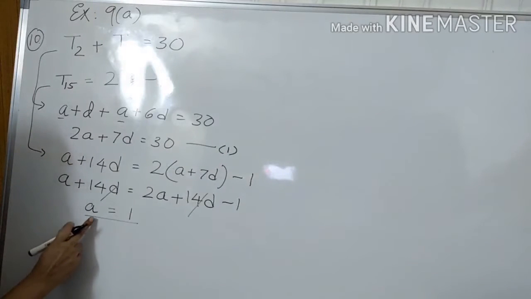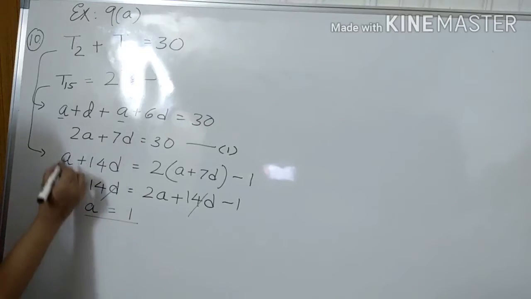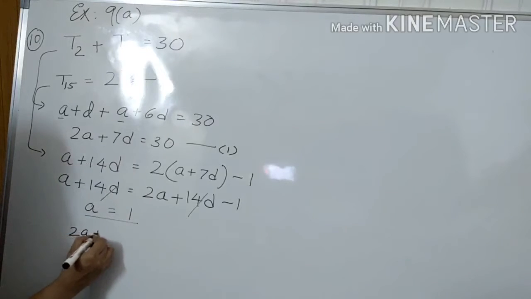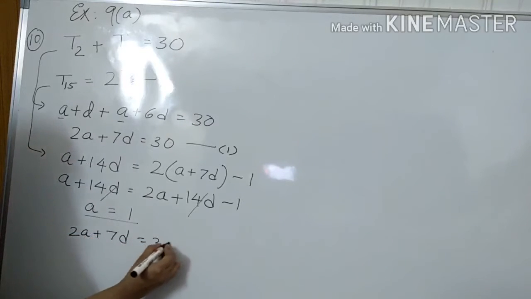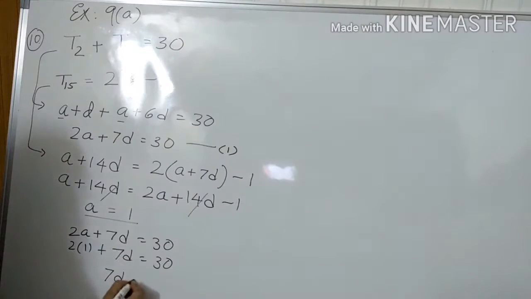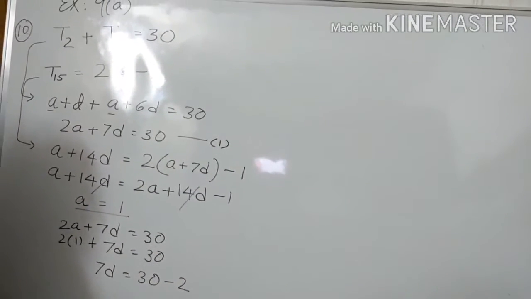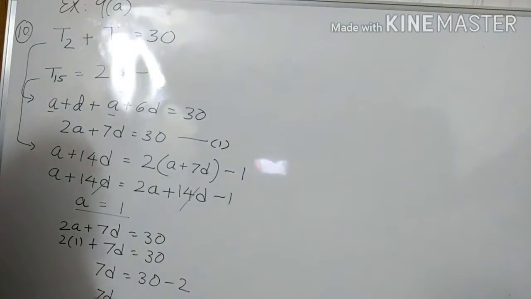Now I will place the value of A here so that I get D. So here 2A plus 7D is equal to 30. Now if instead of A I put 1, I get 7D is equal to 30 minus 2, and 30 minus 2 is 28. So here 7D is equal to 28.